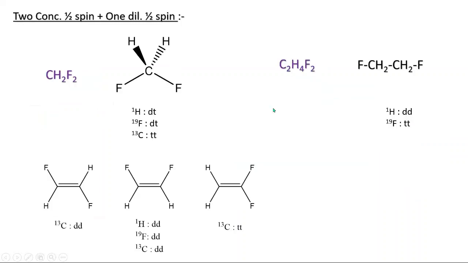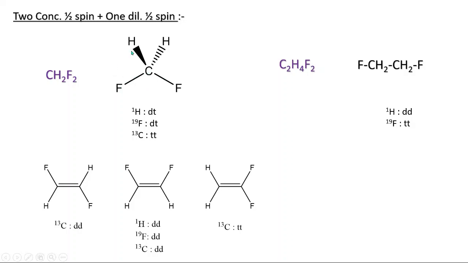Now come to the 2 concentrated spin-half nuclei plus 1 dilute spin-half nucleus. If you see this first example, difluoroethane, these 2 fluorines are concentrated, these hydrogens are concentrated, and carbon is dilute, that is, its abundance is around 1.1%. So for these 2 fluorines we will get a doublet of triplet due to carbon 13.